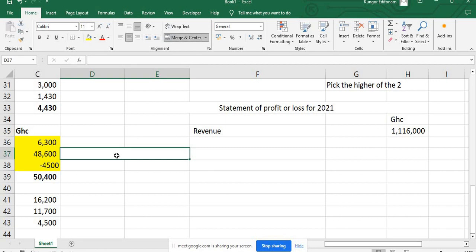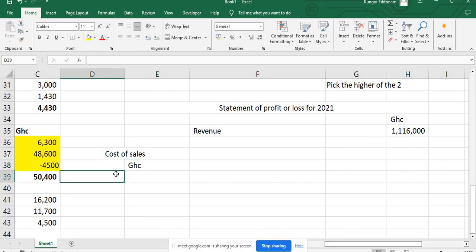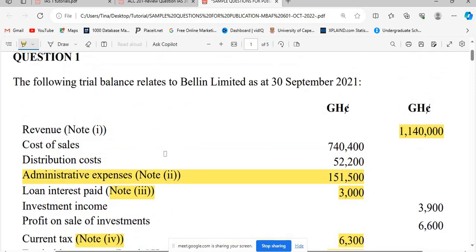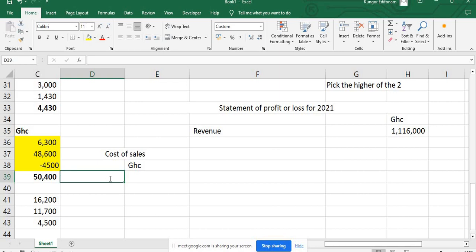So let's put here cost of sales and do the adjustment. The actual balance in the statement we have here is 740,400. And then we will add the amortization.